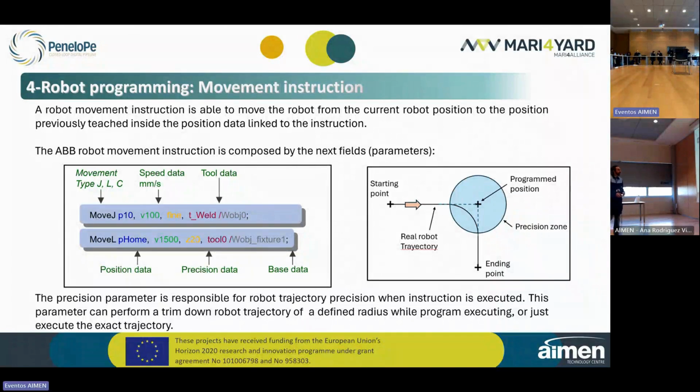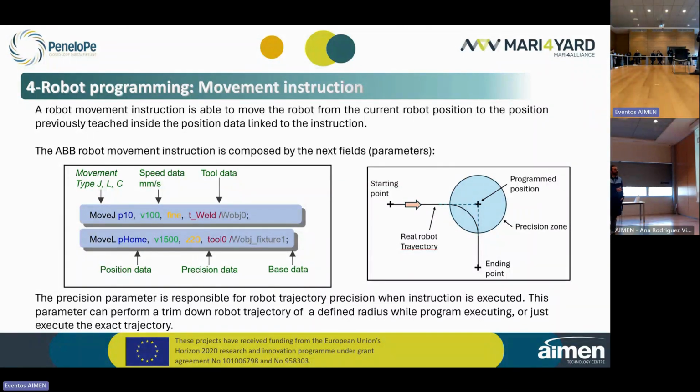So to avoid that, what we are going to do is tell the robot that on each point of the arc welding trajectory, we want it to not stop, and to cut the trajectory like this.